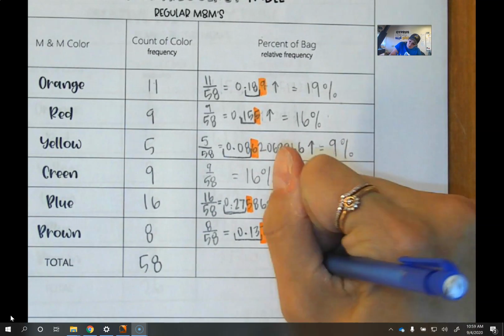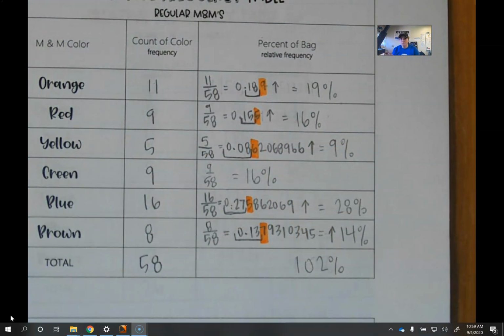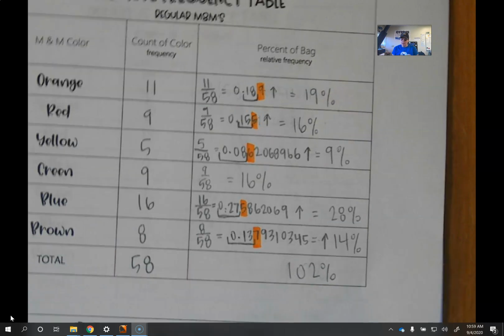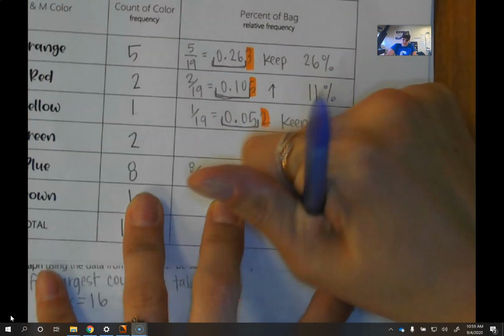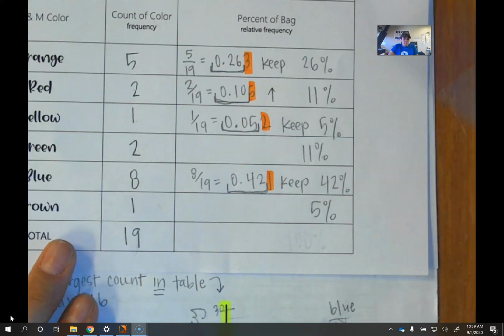You're going to probably get a percent that is higher. So if you had to round up a bunch of your numbers, it is common for you to get a number bigger than 100. If you rounded a lot of numbers down, it is possible that you will get a percent less than 99. So here, on this example that I did in the other video, I had to round down a couple of times.